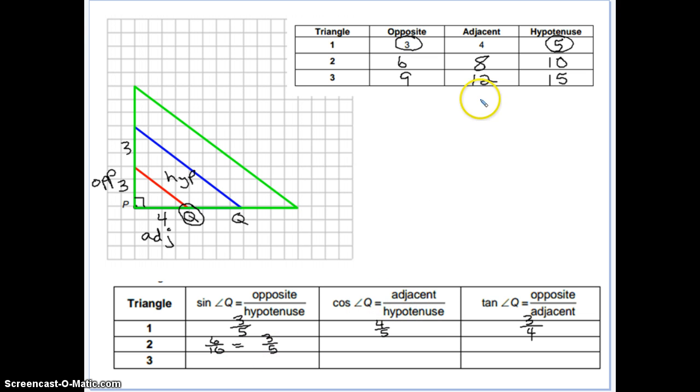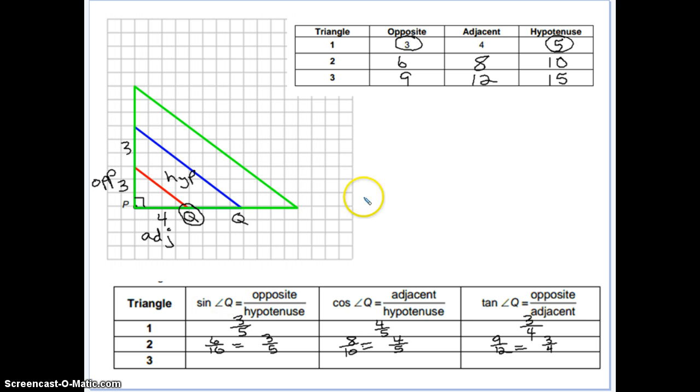Cosine of angle Q is the adjacent length, 8, over the hypotenuse, 10. 8 over 10 reduces to 4/5. Tangent of angle Q is the opposite over adjacent, so it's going to be 6 over 8, which reduces to 3/4. Notice that both row 1 and row 2 are identical. So go to triangle 3 and you can assume what's going to happen there.